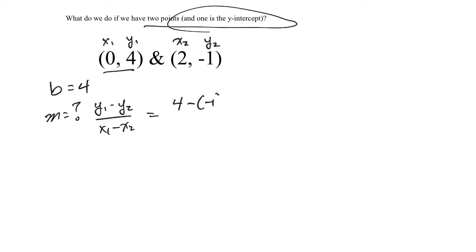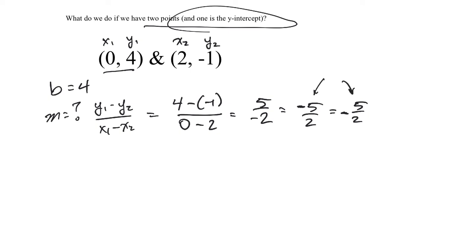4 minus negative 1 over 0 minus 2. That's going to give me 5 over negative 2, which I'm going to write like this. I just move the negative to the top because I like it that way. You don't have to do that. Sometimes you'll see a fraction with the negative sign even with the fraction bar. These are all okay.